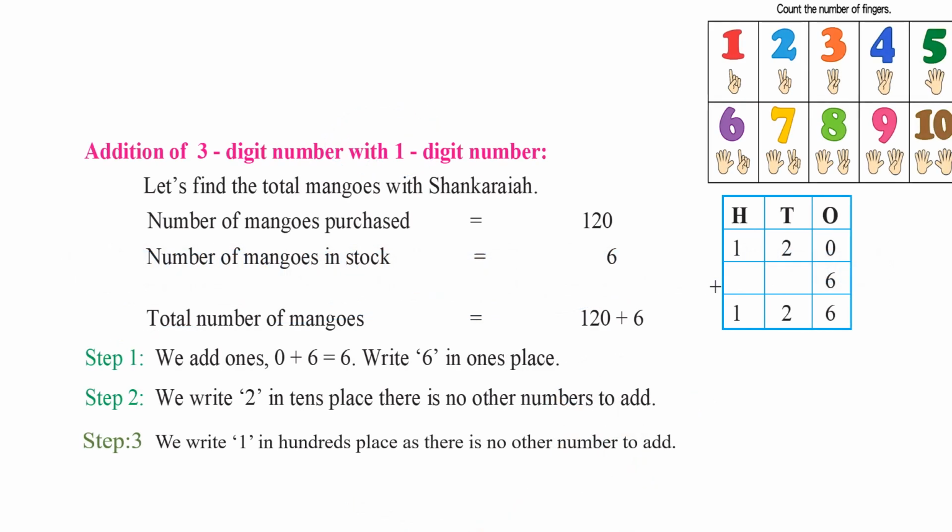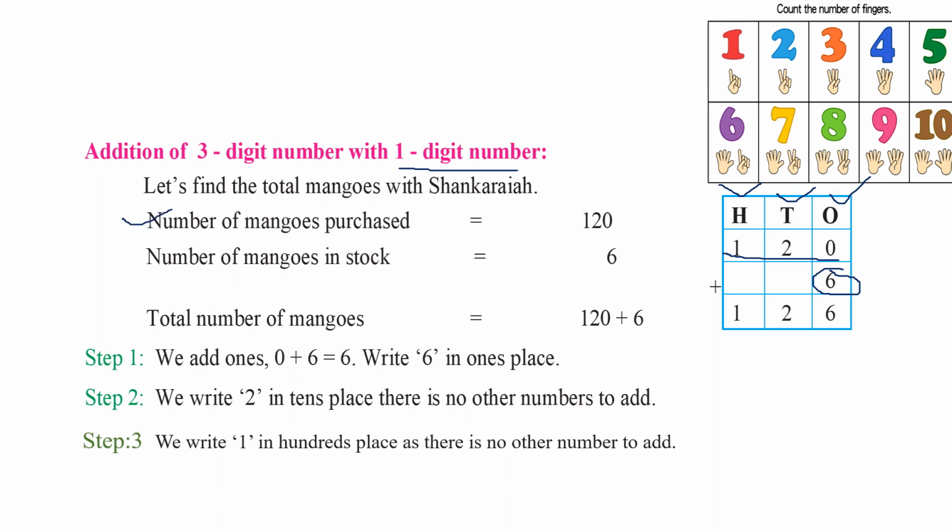Okay, come on. Addition of 3-digit numbers with a 1-digit number. So how are we going to do it? For example, hundreds, tens and ones. The first one I've done, I've shown you adding a single-digit number to this 120.